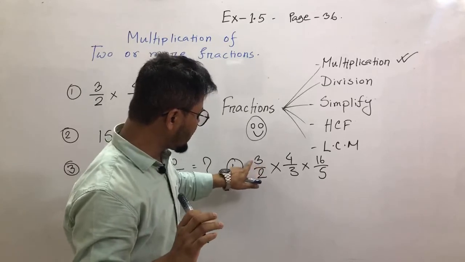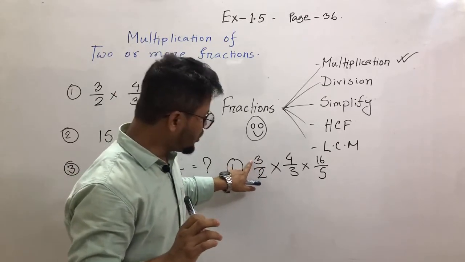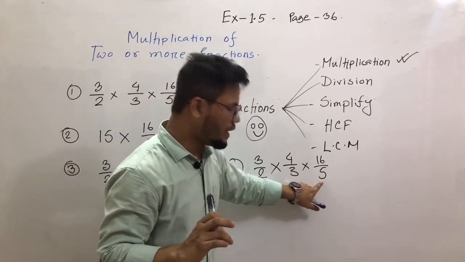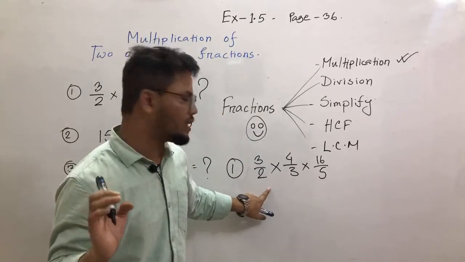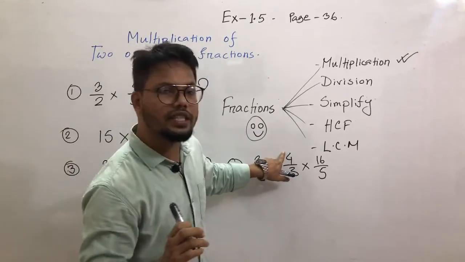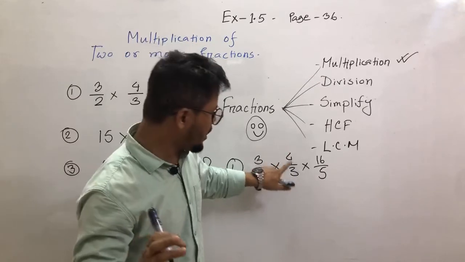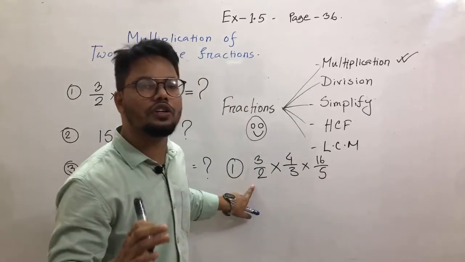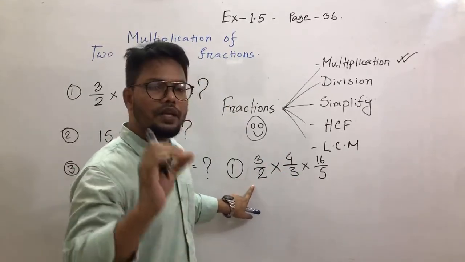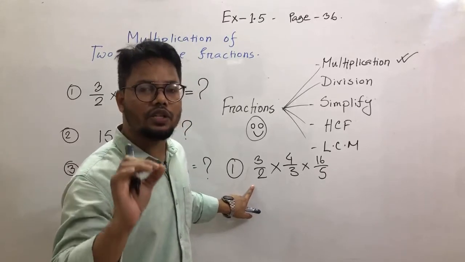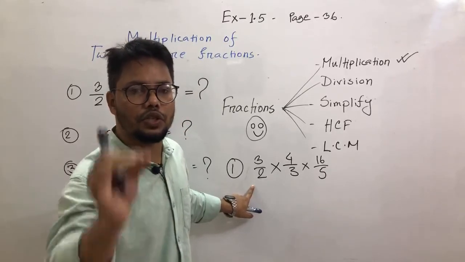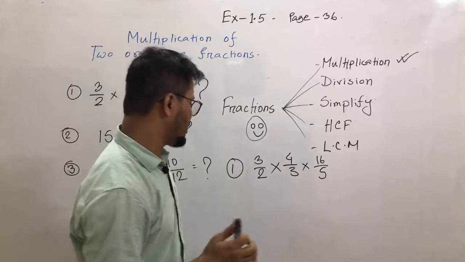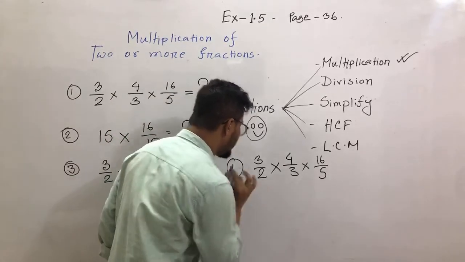Like if we divide this numerator by 3, you have to divide the denominator by the same number 3. If you divide by 2, you have to divide the other denominator by 2. So numerator and denominator should be divided by the same number. This is called the reduced form.